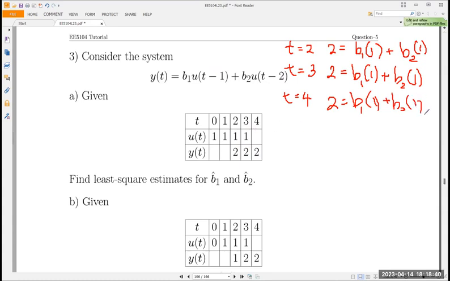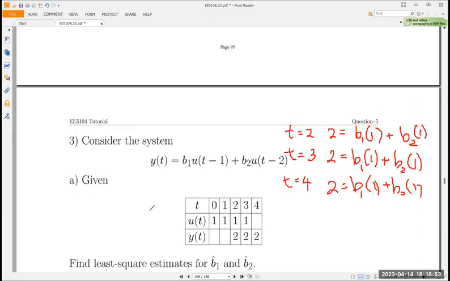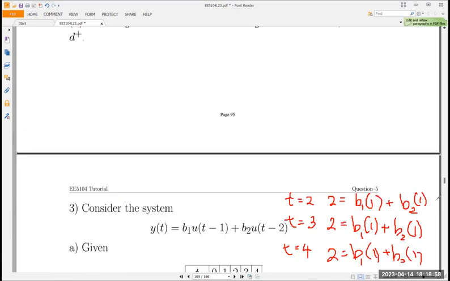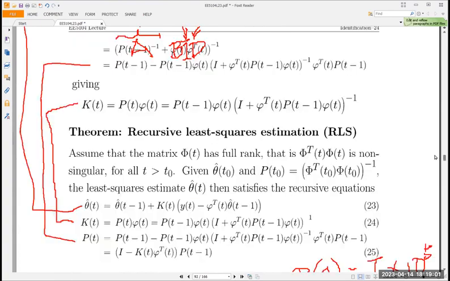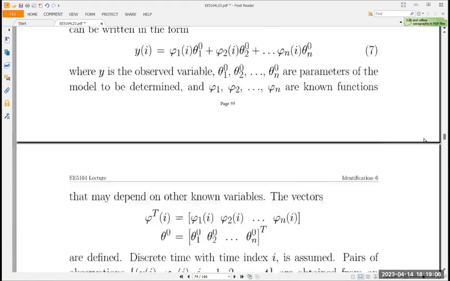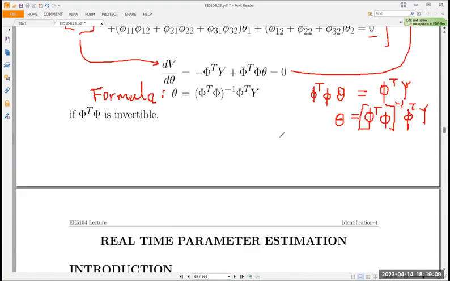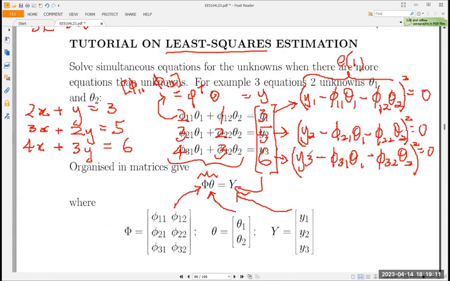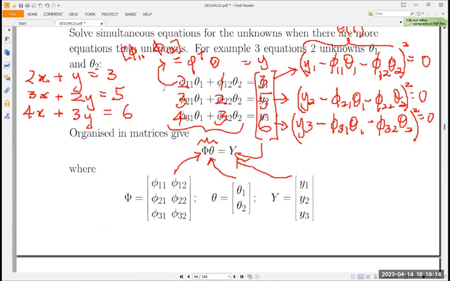Then you remember, this is a simultaneous equation with two unknowns, B1 and B2. If you look back at my tutorial question, at my introduction, last time also there were 3 equations.